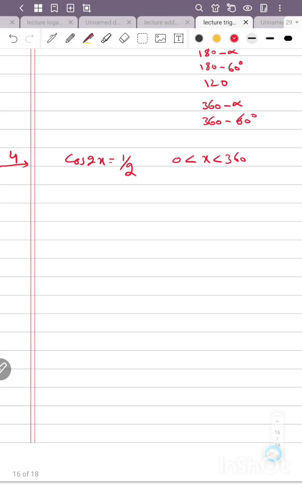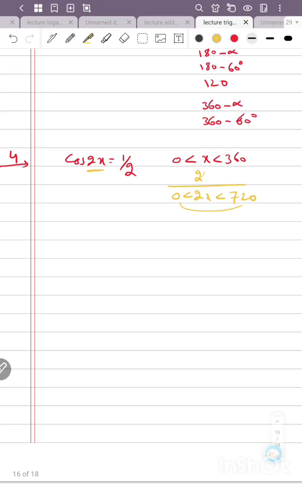Now look, there is 2x here. First of all, we have to deal with the interval. We have to multiply it by 2. When we multiply 0 we get 0, x becomes 2x, and when we multiply 360 we get 720. This is our interval.